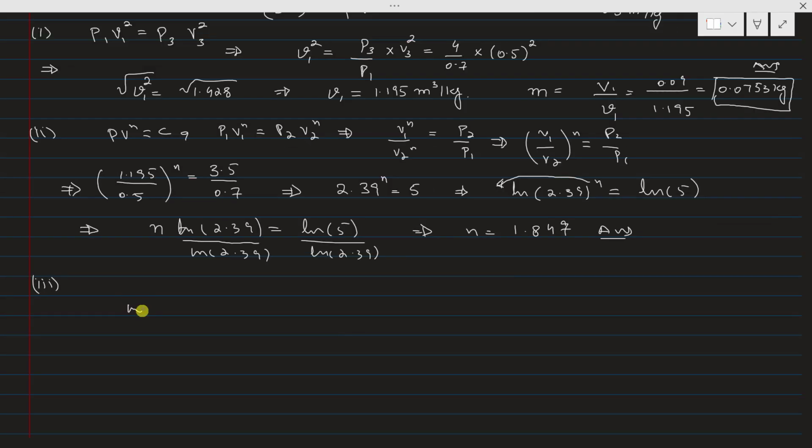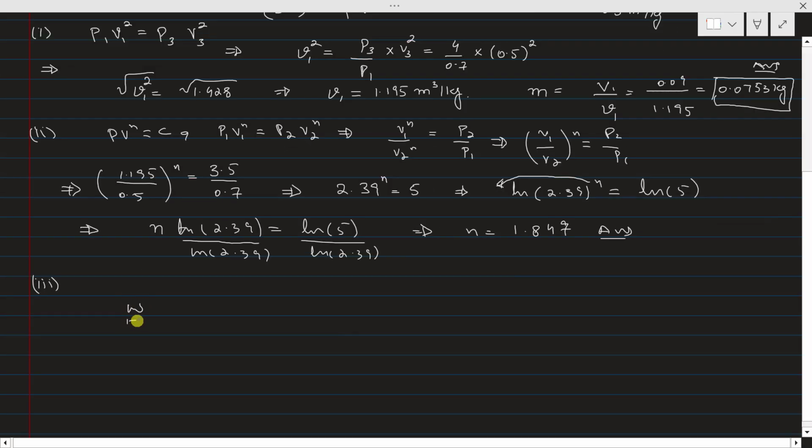So in that case the work done from process 1 to 2 is equal to m times (P1v1 minus P2v2) divided by (n minus 1).